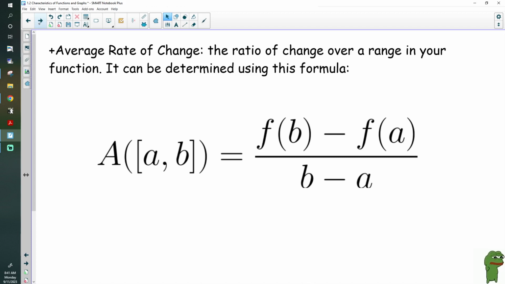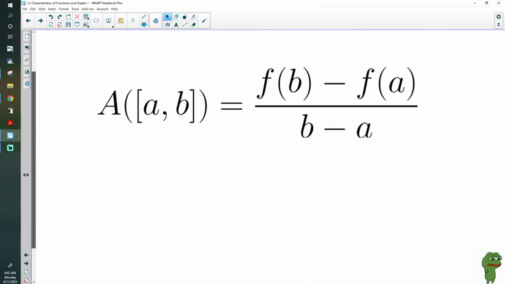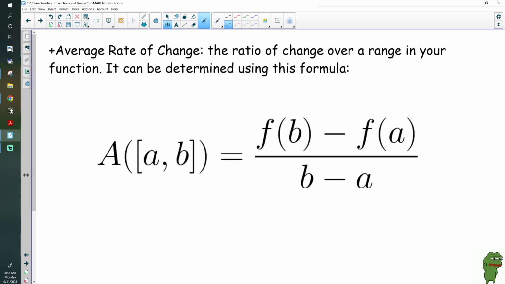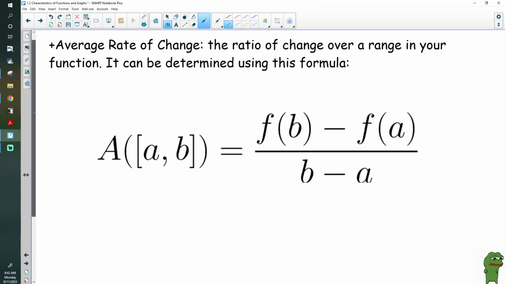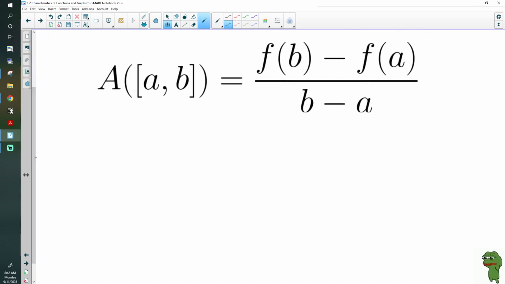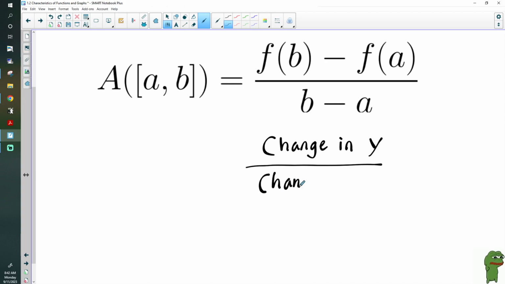In order to understand this a little easier, and some notes I would make on your paper, this is the same thing as saying the change in y. So the change in the y value, how much has it changed? How much has it gone up or how much has it gone down? Divided by the change in x.